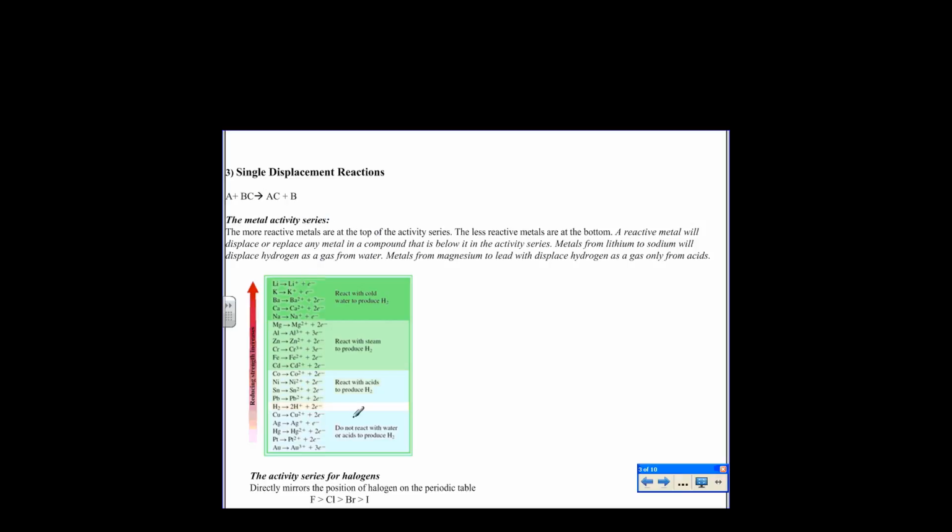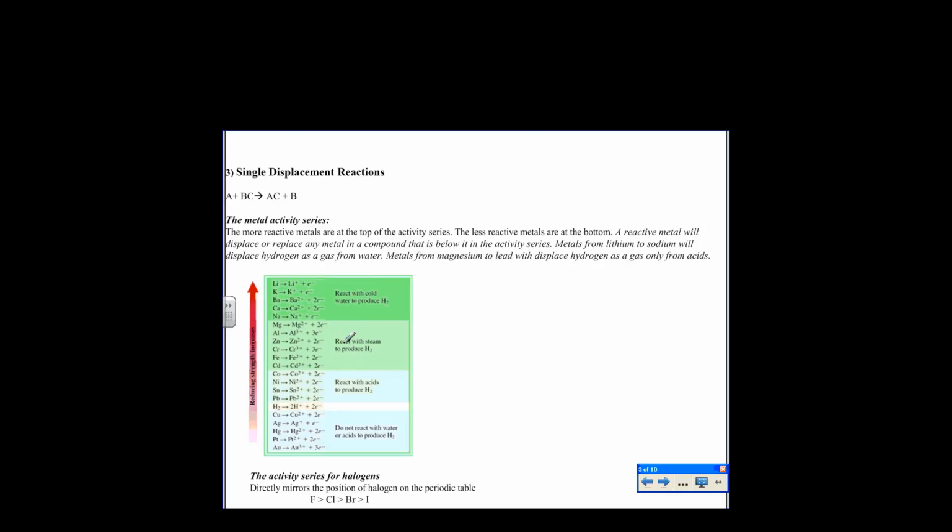This is the activity series of metals, and it basically puts in order the metals from the most reactive to the least reactive. So these metals at the top are more likely to lose electrons than the ones at the bottom. And what you'll see is that there's different sections here. Anything from sodium to lithium will react with water quite vigorously.